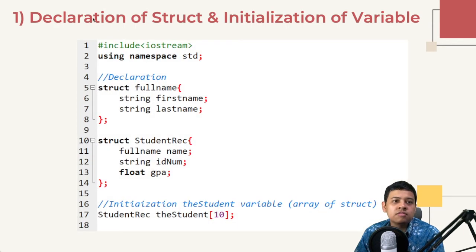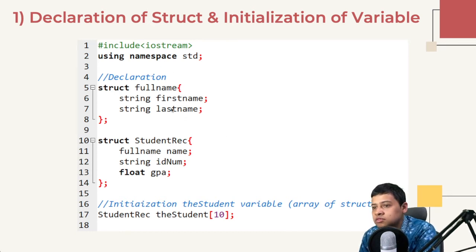Here is the example of the declaration of struct and the initialization of the variable. So we see here, just like as usual, we have the include iostream and using namespace std. The declaration itself is from line 5 to line 8. So we built a full name struct. So this is going to be a nested struct.